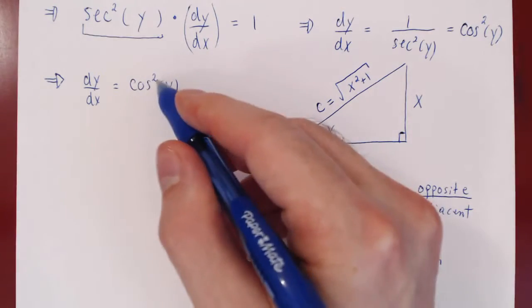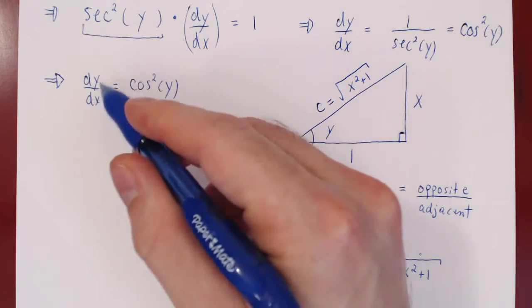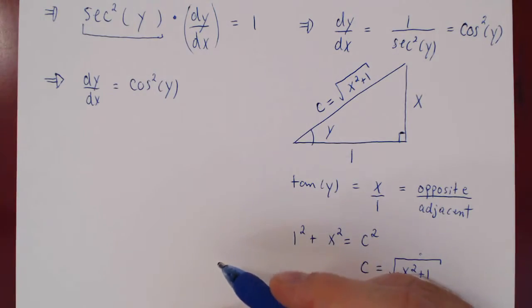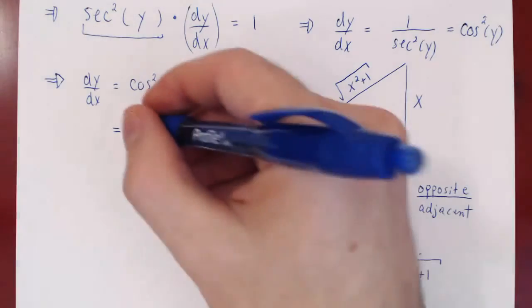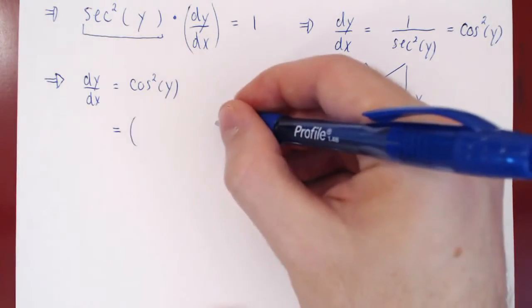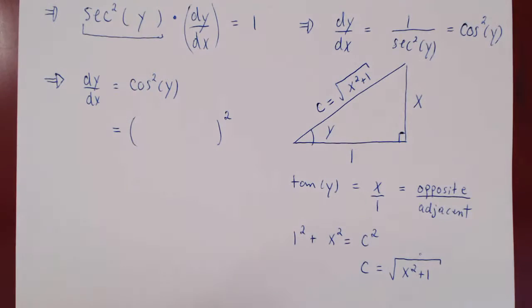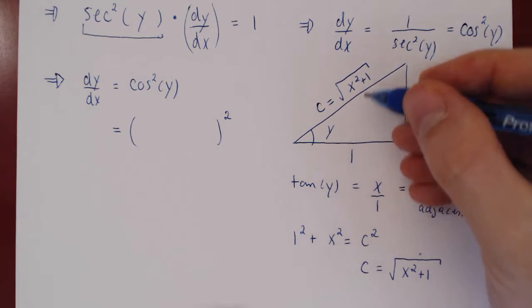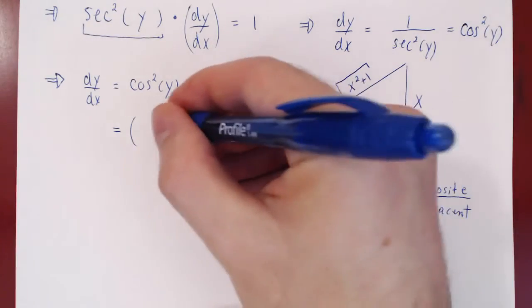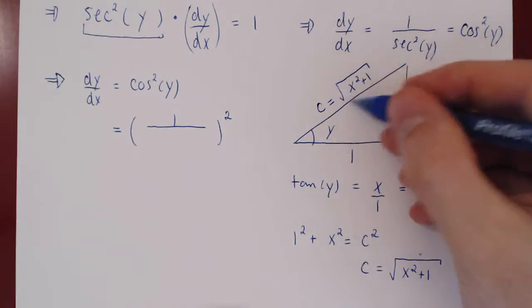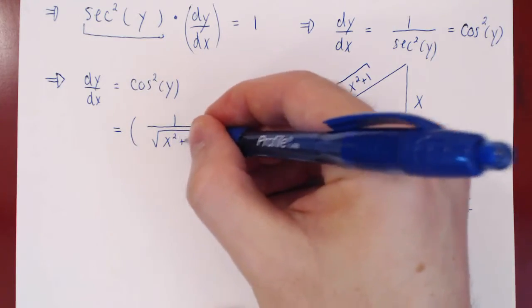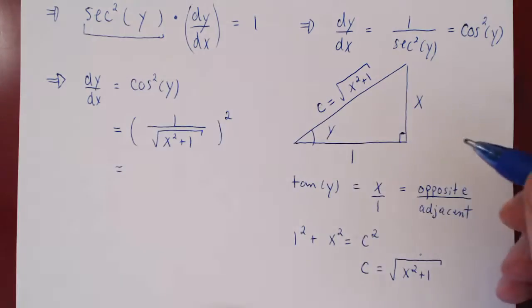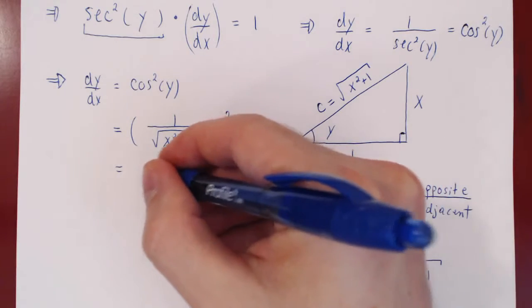So we can now find the derivative of arctangent as a function of x. It was cos of y all squared. But if you remember, cosine is the adjacent over the hypotenuse. So it's 1 over the root of x squared plus 1. Well, if you square this out, if you square 1, you get 1.